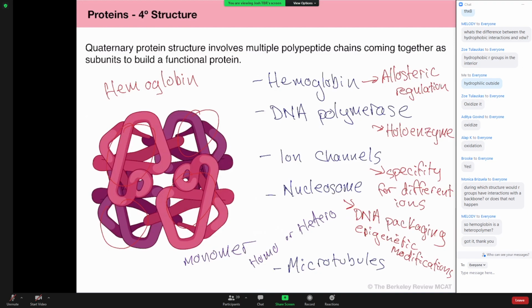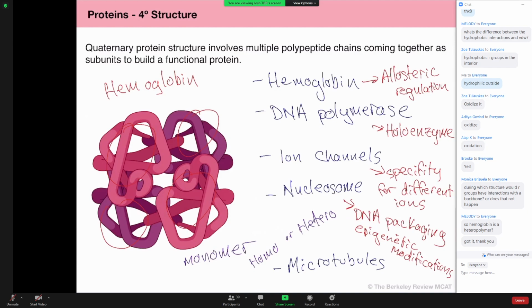Okay, and this is going to be something that comes up when it's talking about protein as a structural component. I'm just saying these so that when you come across them, you pay a little bit extra attention. And you might get questions that talk about disrupting the quaternary structure, what that's going to do to the cell and the function that it's trying to perform.